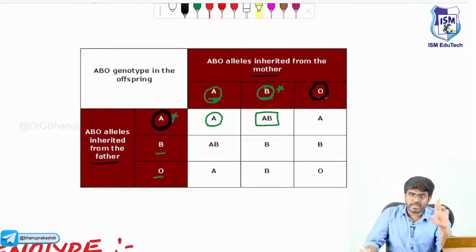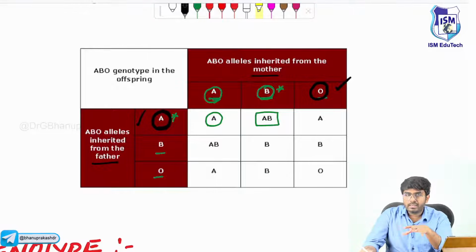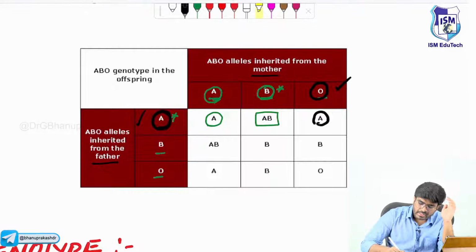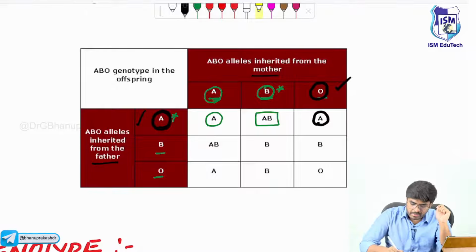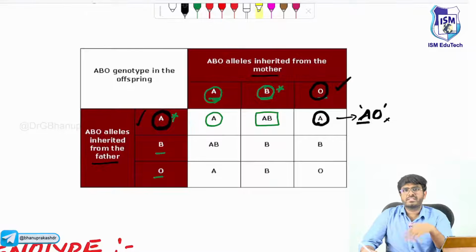Recessive alleles are not expressed. So when father is A and mother is O, the baby is going to be definitely A. This baby's genetic makeup is A-O, A from the father, O from the mother. Only A is going to be expressed, O is not expressed, so A blood group. Simply you can follow the table.